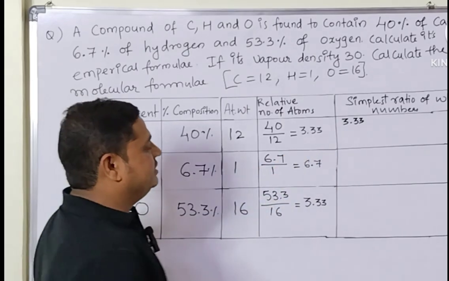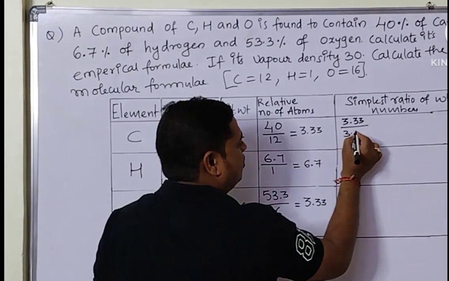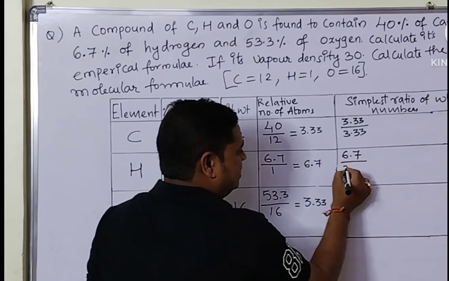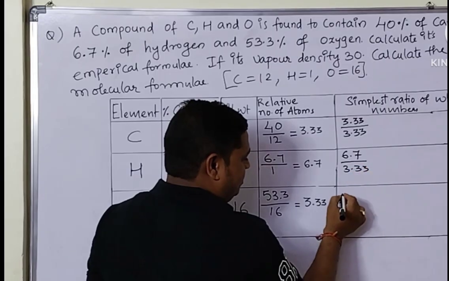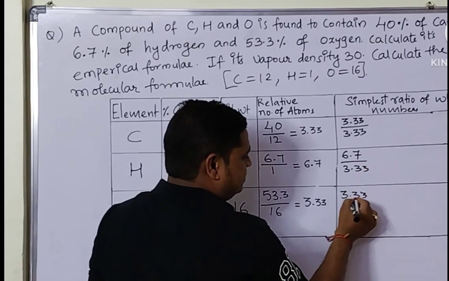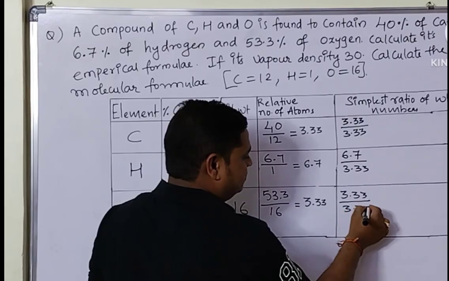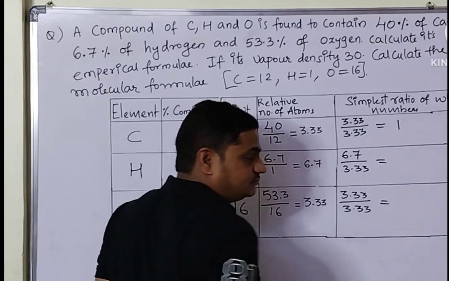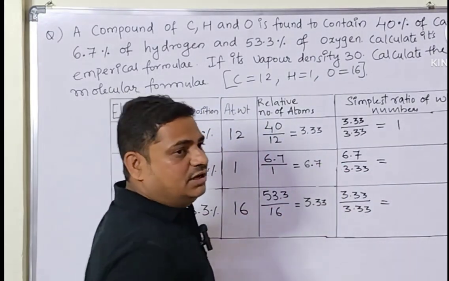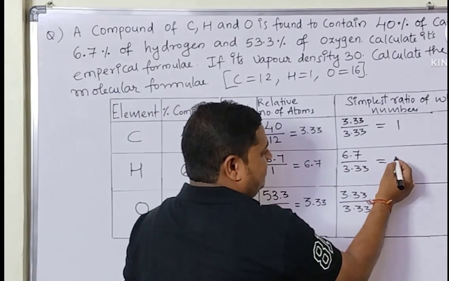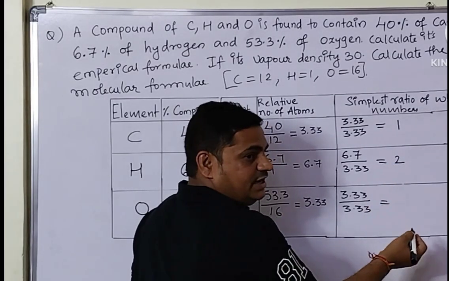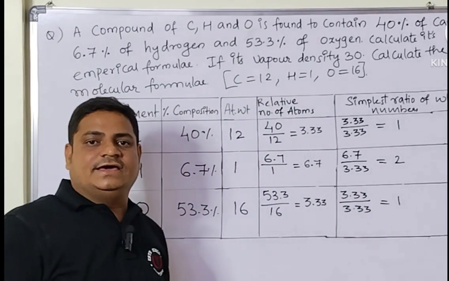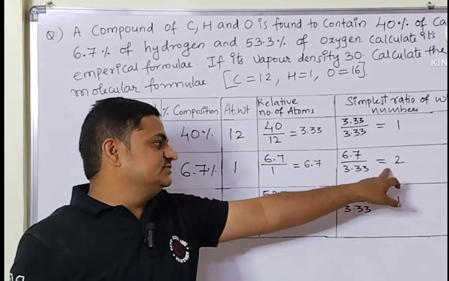So I'm dividing 3.33 by 3.33, 6.7 by 3.33, and 3.33 by 3.33. The value I get here is 1, here it comes out to approximately 2, and next 1 here. So the approximate value I have written is 2.